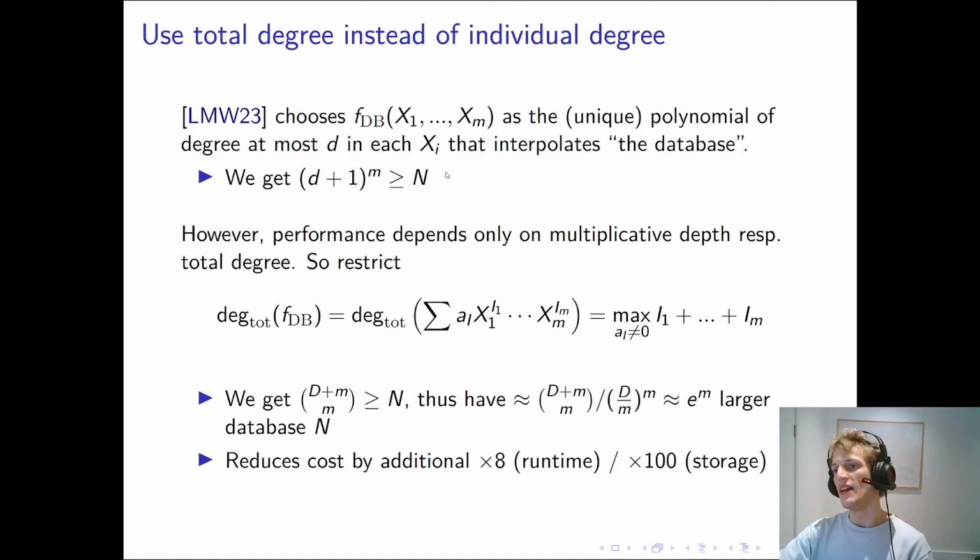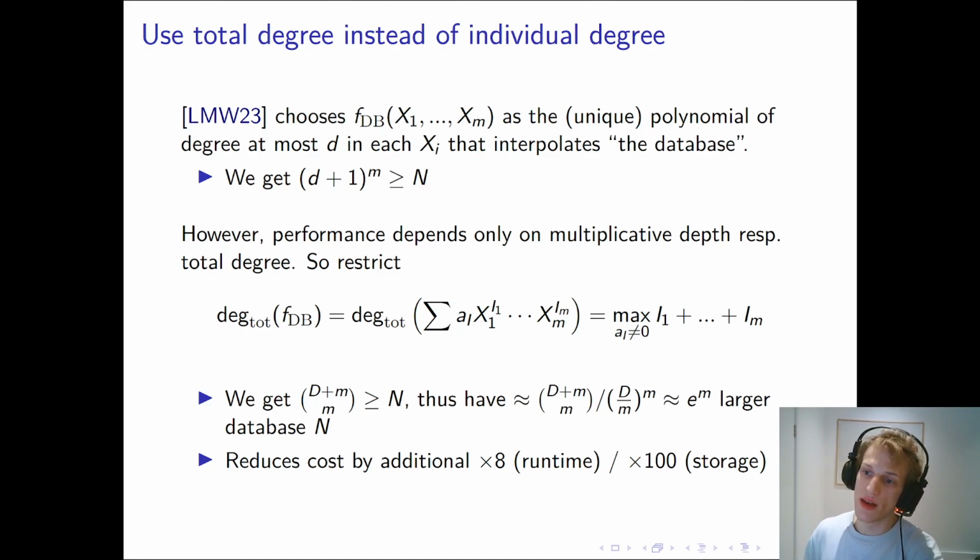However, the cost of using all the machinery, of using the homomorphic encryption scheme and of using the preprocessing polynomial evaluation data structure, depends not on the individual degree in each x_i, but on the total degree. And in fact, the total degree of this choice of polynomial is suboptimal, because this polynomial has total degree d times m.